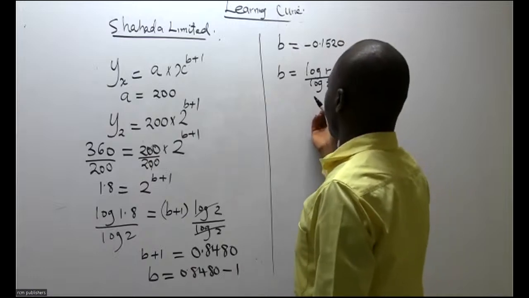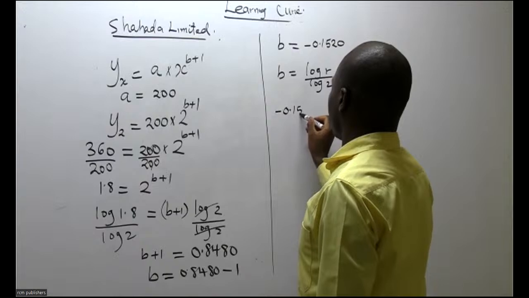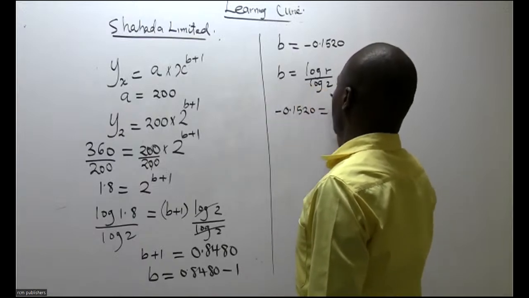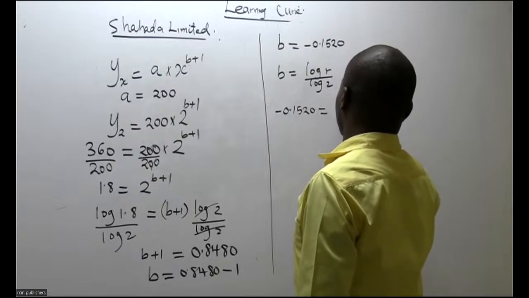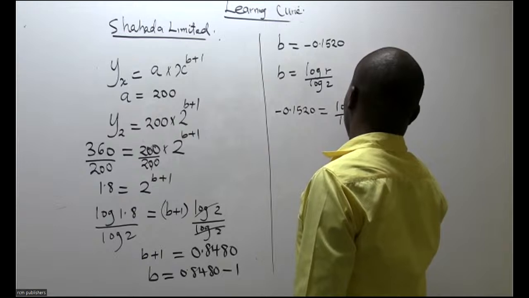So come and do a very simple thing here. Negative 0.1520, that is B, is equal to log R divided by log 2.